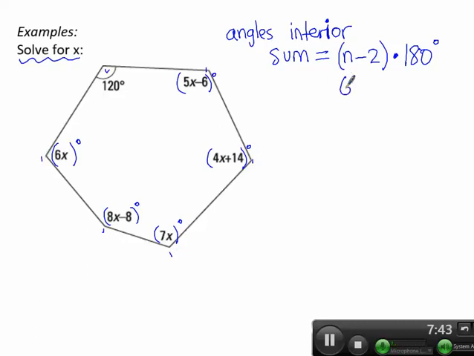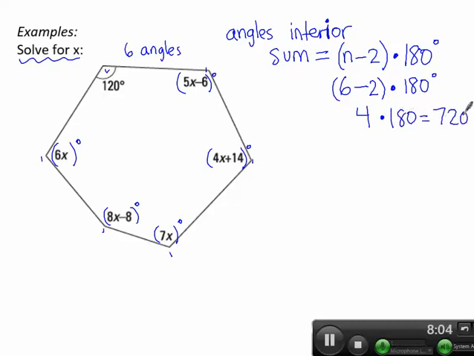There are 6 angles, therefore 6 sides. So I'm going to find the sum by doing 6 minus 2. I do that first and then multiply by 180. 6 minus 2 is 4, and 4 times 180 makes 720. So these angle measures add up to 720 degrees. That's what they add up to.